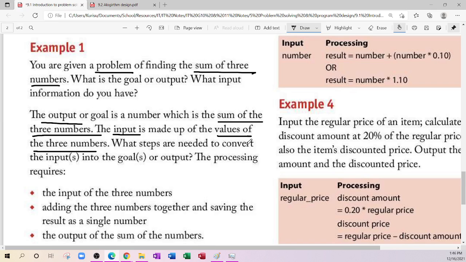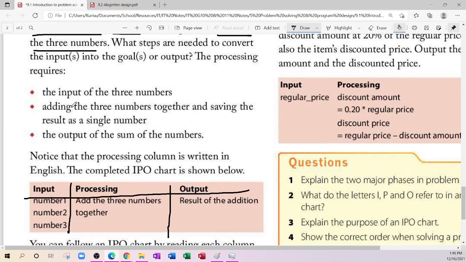Now, what are the steps needed to convert the input into the output? The processing requires, so this here is the processing, the input of the three numbers, so you put in the three numbers. That's my processing. You put in the three numbers, and you add the three numbers together, and then you save the results as a single number, and then you output the results.